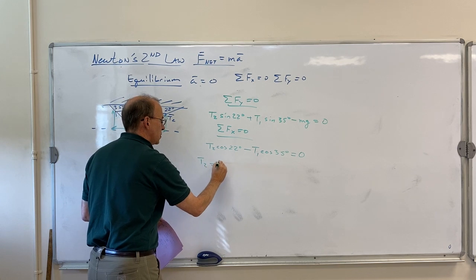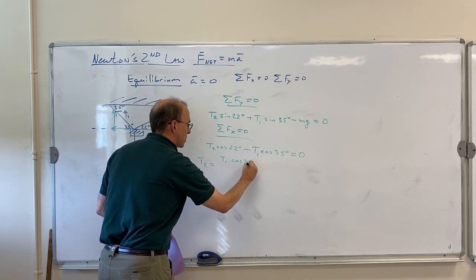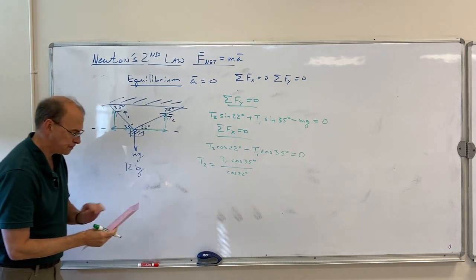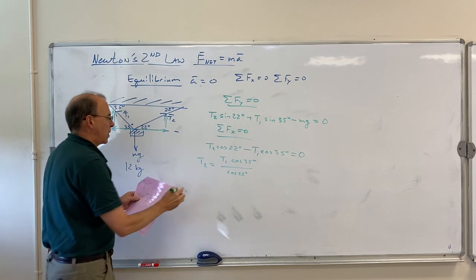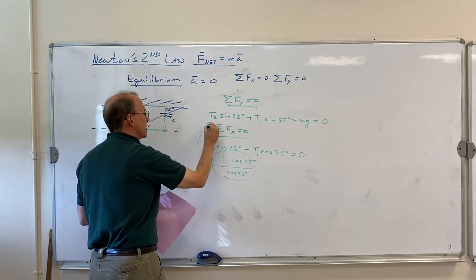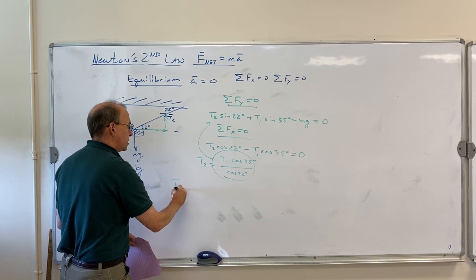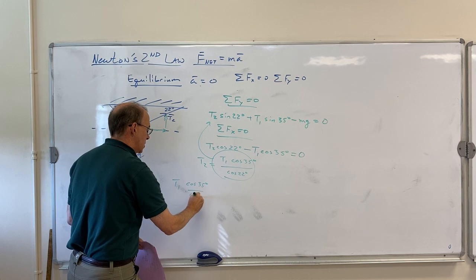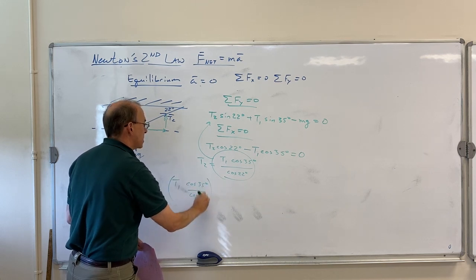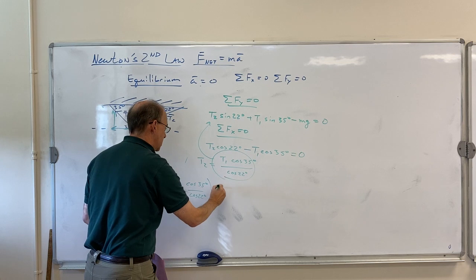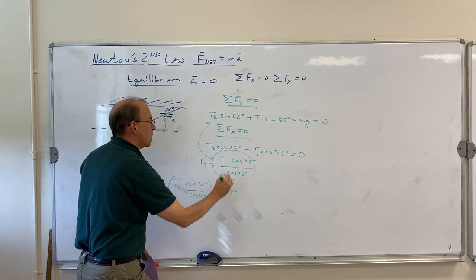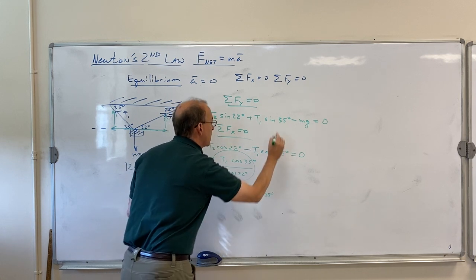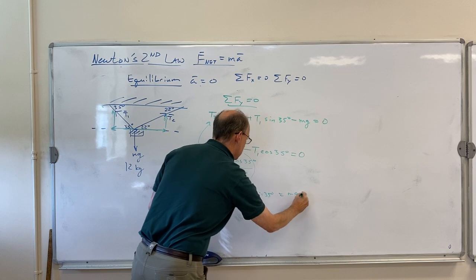This tells me that T2 is T1 cosine 35 over cosine 22. I can now plug all of this in for T2. And I've got T1 cosine 35 over cosine 22, that's T2, times sine 22 plus T1 sine 35 equals mg.